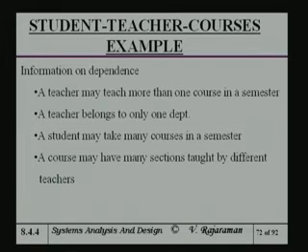So, suppose there are 300 students in a class. Instead of one teacher teaching all 300 students, you may divide up the class into 10 sections of 30 students each, and 10 different teachers will be teaching the 10 sections. It's possible. Okay, I am assuming that a course may have several sections taught by several different teachers.